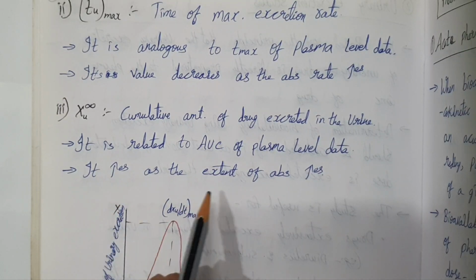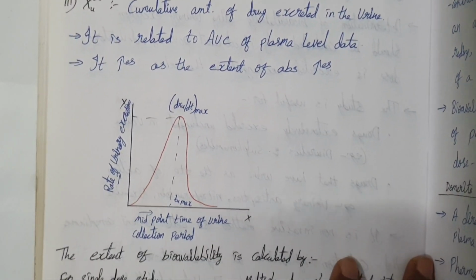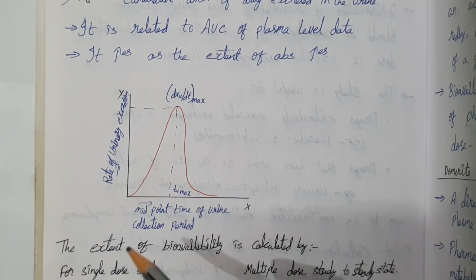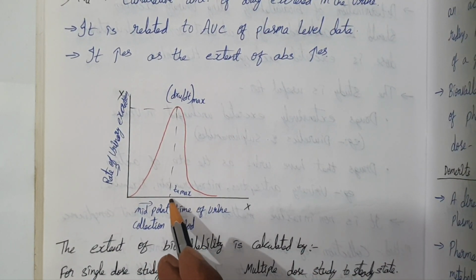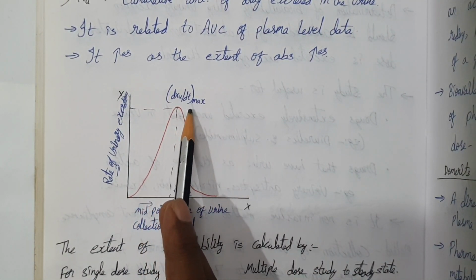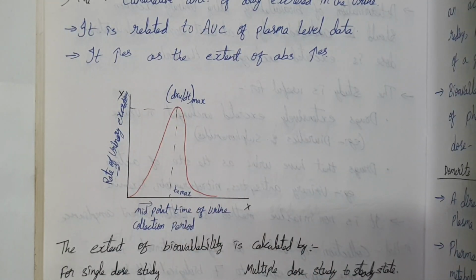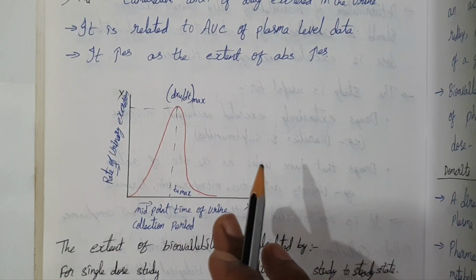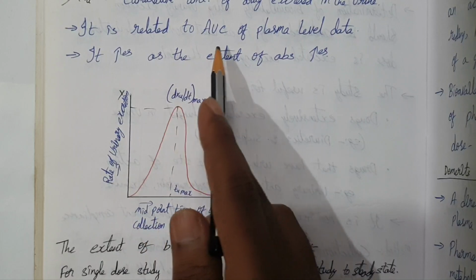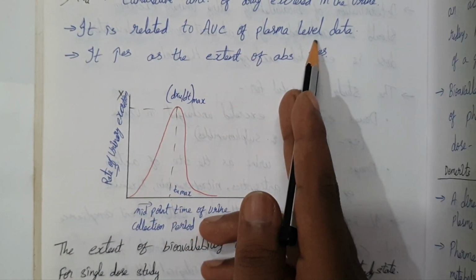It increases as the extent of absorption increases. You can see in the diagram that Tu max is here, dXu/dt max is here. Xu is related to the AUC of plasma level drug.